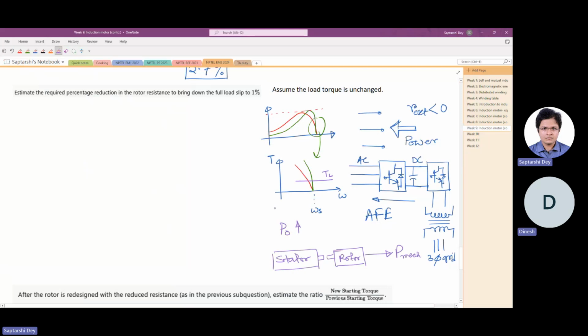Now suppose this induction machine is rated for 5 kilowatt. Forget all the losses for now. 5 kilowatt you give in, 5 kilowatt goes out.